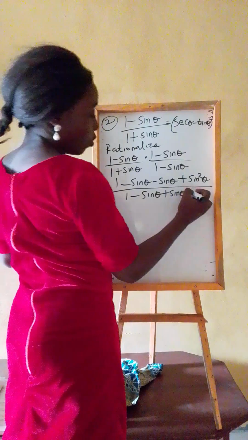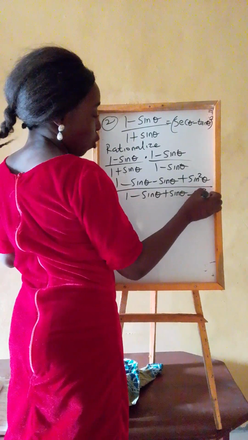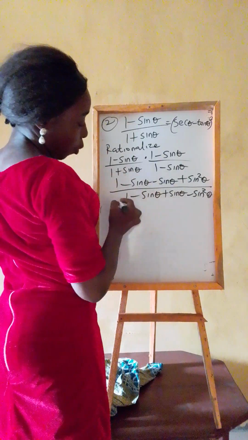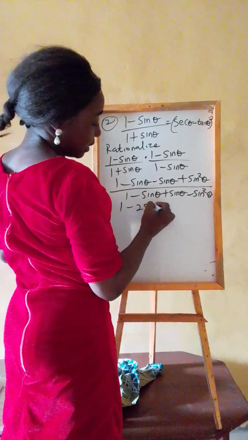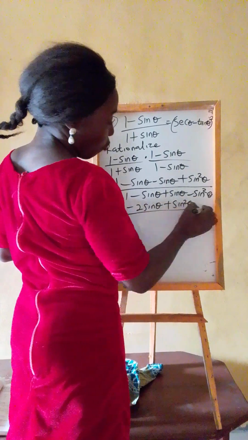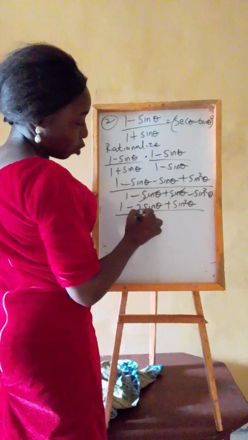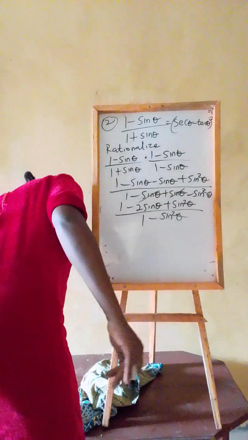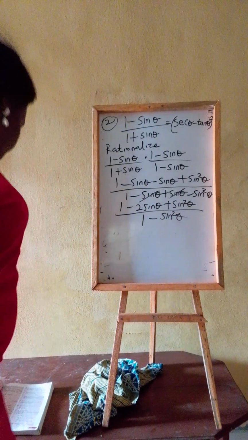This times this, minus sin square theta. So we have 1 minus 2 sin theta plus sin square theta over 1 minus sin square theta.